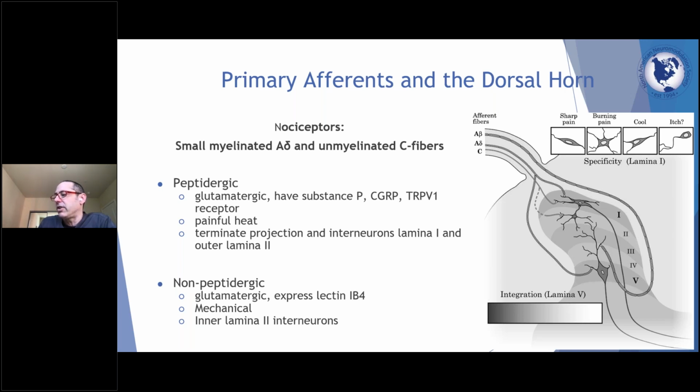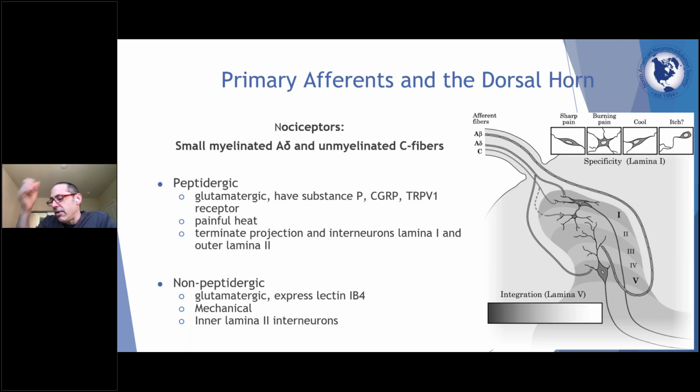So in our diagram on the right, you can see Rexed's lamina, and you can see the superficial dorsal horn, which is the term for lamina 1 and lamina 2, is there on the right, where you see cell bodies with synapses with A delta and C fibers. And then you see lamina 5, which is in the neck of the dorsal horn. And that receives afferents from mechanical A delta fibers, as well as some non-nociceptive afferents, which are the large, more heavily myelinated A beta fibers.